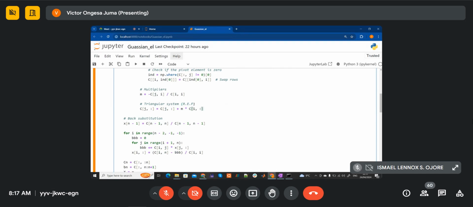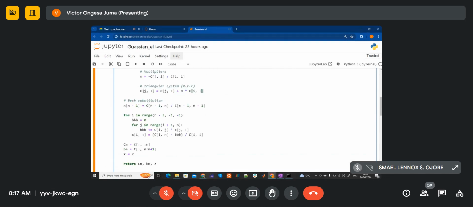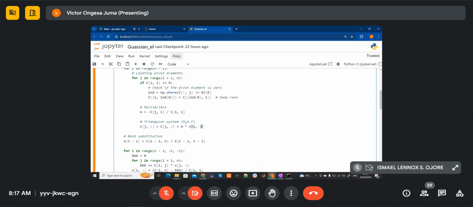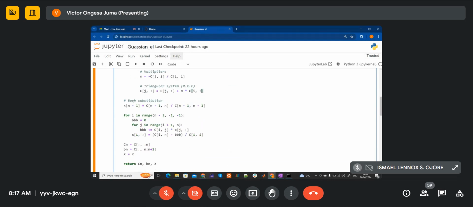And so once you have the row echelon form, if you leave it until this point and then you display, it will give you the triangular matrix or the reduced matrix. Once you identify this reduced matrix, we now want to do the back substitution. I was telling the one who presented last week, to do the back substitution, we know that we start with the last element.